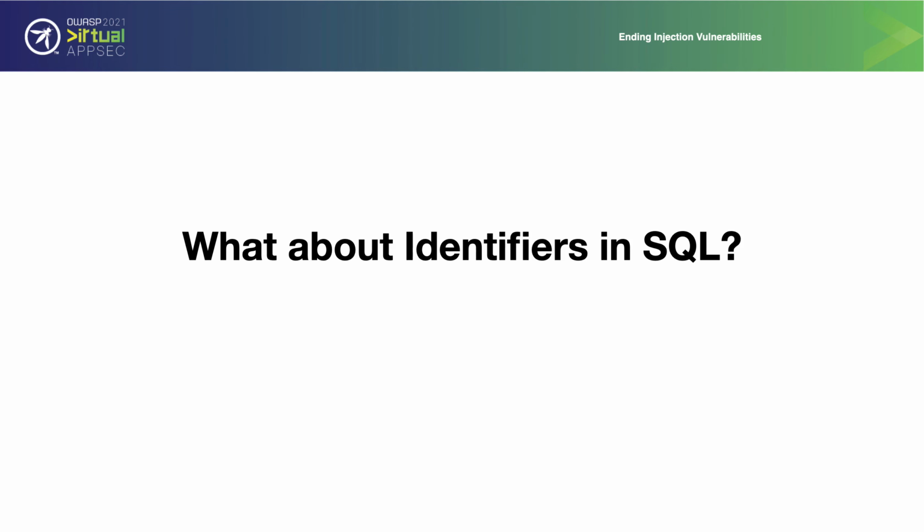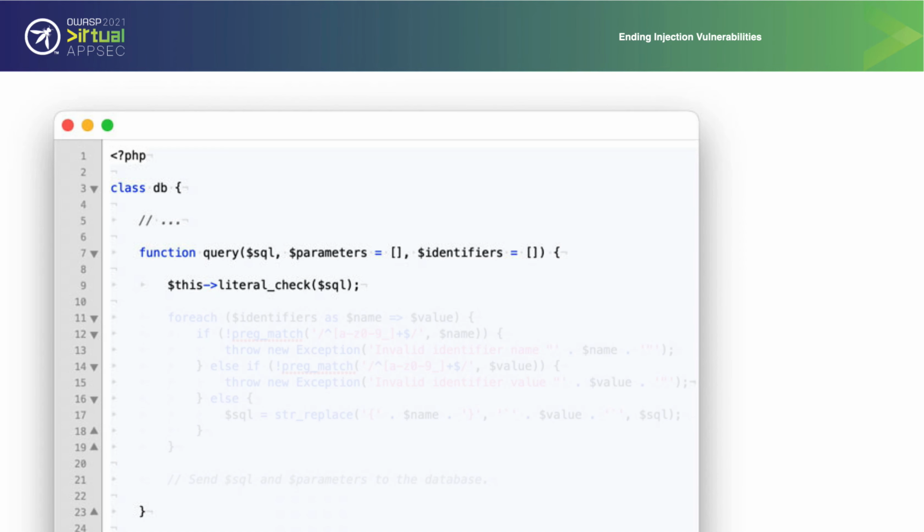Okay, so how about identifiers in SQL? It's basically the same method where you have your query SQL and parameters. But the identifiers, which are your table names and your field names, the things which might come from the INI or the JSON or the YAML config, get provided separately.